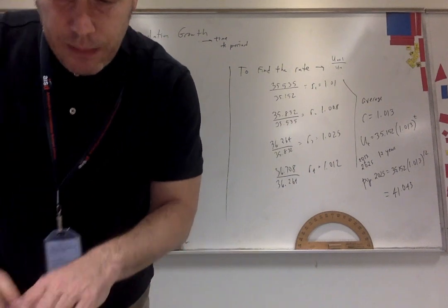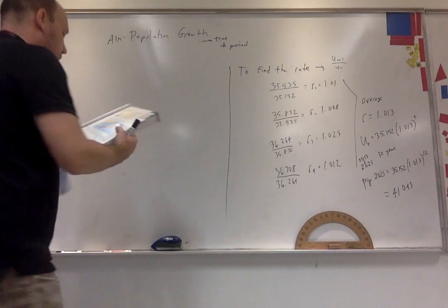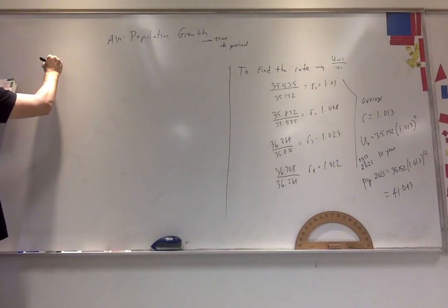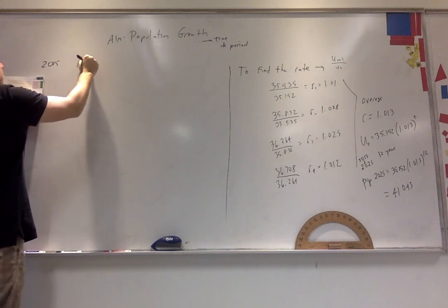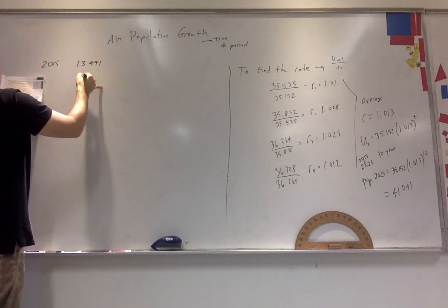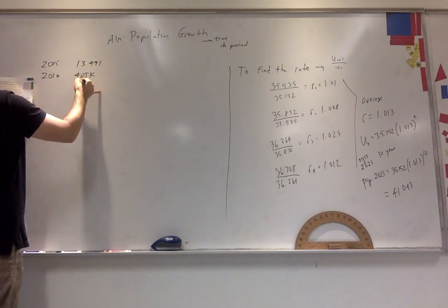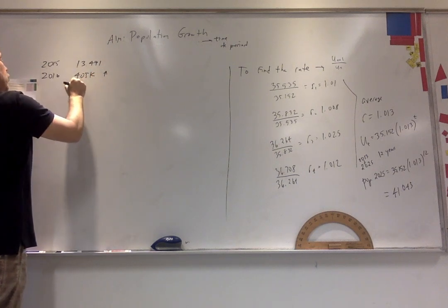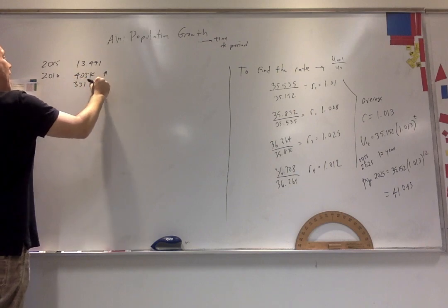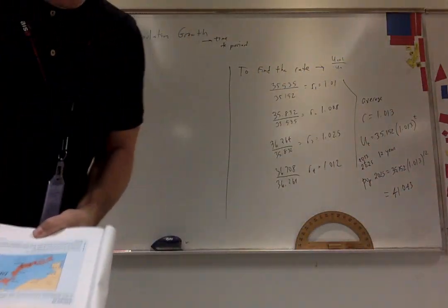In 2015, example 26. In 2015, the population of Tokyo was 13.491. In 2016, we're told that 405,000 people moved in, but 331,000 people left. Question number 1, find the net increase.